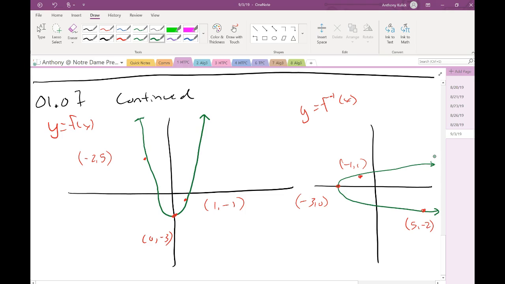So our function originally was a parabola, and I notice my inverse function is now like a side-facing parabola, right? Instead of opening up, my parabola now opens to the right. If we were to describe what happened here, what might you say?